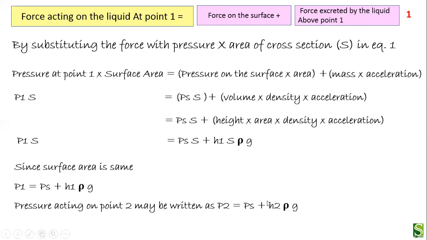Only H1 and H2, only those two things are changing. Your density is going to remain the same, your acceleration due to gravity is going to remain constant, and the pressure which we have applied is also constant.